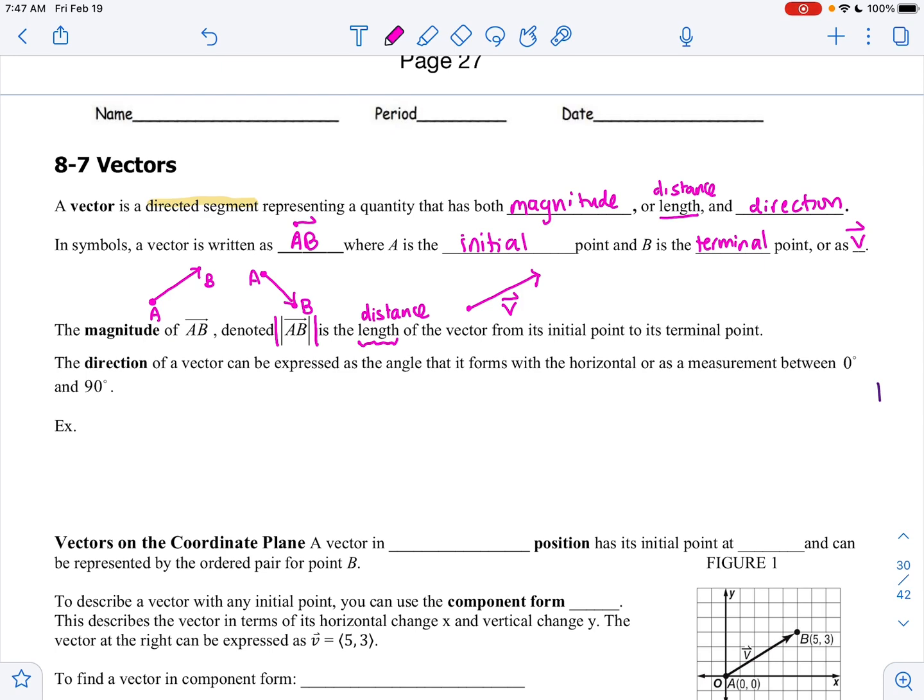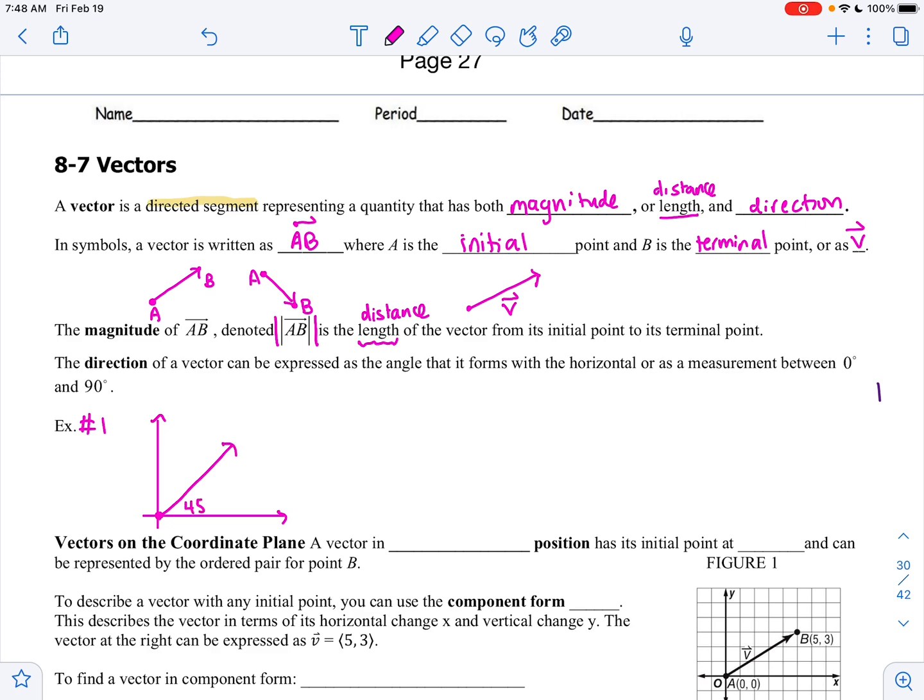So when I'm looking at, let's call this example number 1, I'm going to draw a vector in the first quadrant on a coordinate plane with the initial point on the origin and the terminal point somewhere in the first quadrant. And just to be consistent here, we'll say that this is about half of 90 degrees.